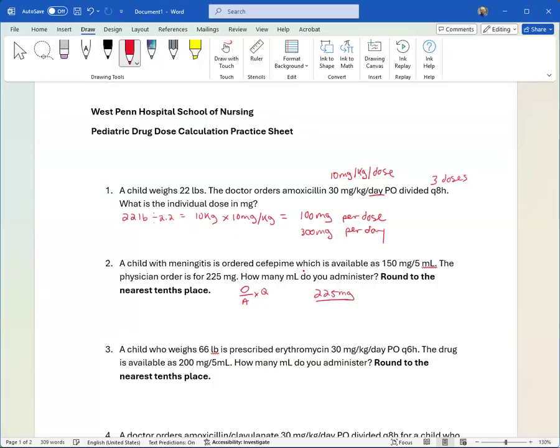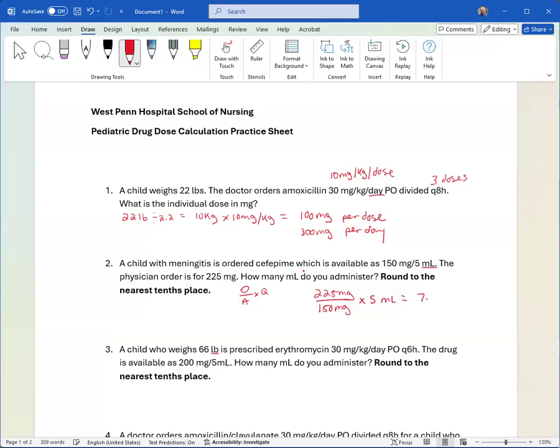My available is the 150 milligrams. And my quantity is the 5 ml. So 225 times 5 divided by 150, and then I get an even 7.5 milliliters. So I really don't need to round because there's my answer. I guess I should qualify that.